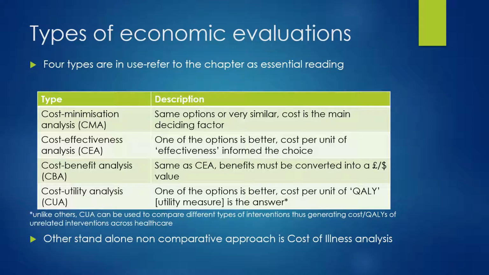So in summary, we know that the benefit is greater from this particular option. All we need to know is how much extra cost we will be investing per unit of effectiveness. We know it is better, we need to know how much better it is, and if we invest the same ratio of money, will the benefit exceed it?